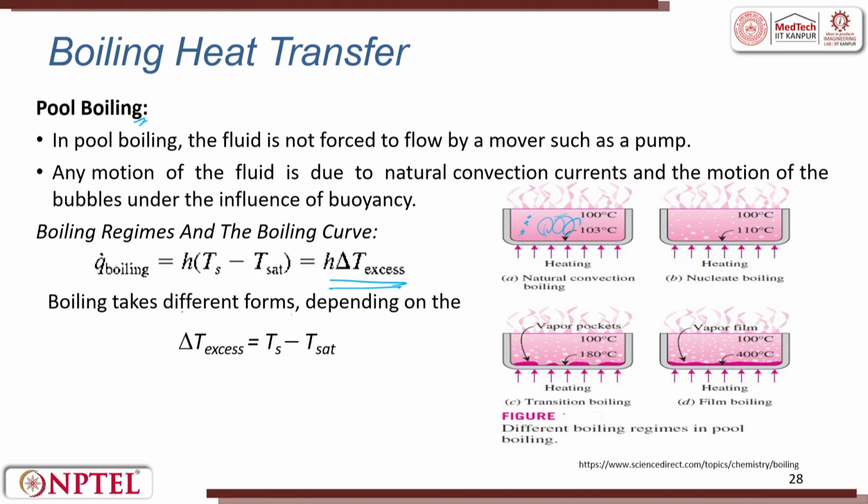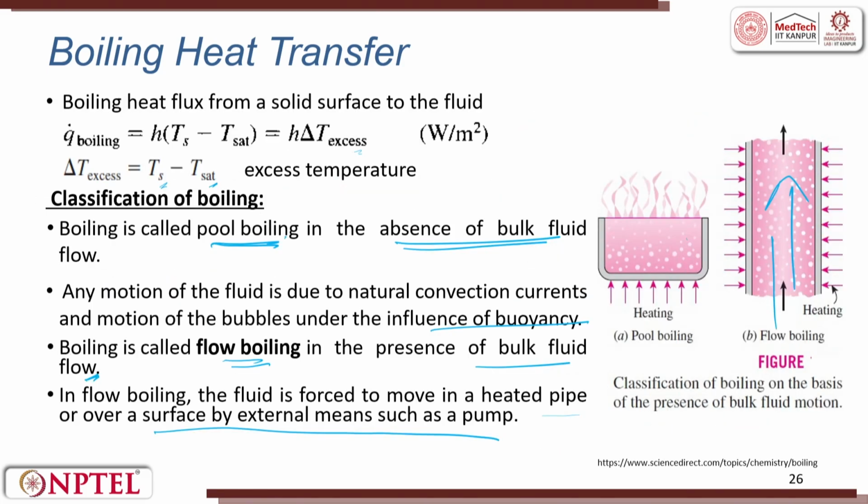So, boiling takes different forms depending upon the Ts. Here it is natural convection, here it is nucleate boiling, here it is transition boiling, and here it is film boiling. So, you see how many different boilings we saw.